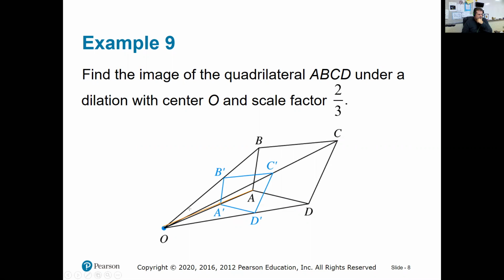And then I take the distance from O to B and only take 2/3 of that distance and mark that. Same thing with all of them until I get my new shape, which is smaller. So as you see, if it's less than 1 scale factor, you get a smaller figure. Okay?